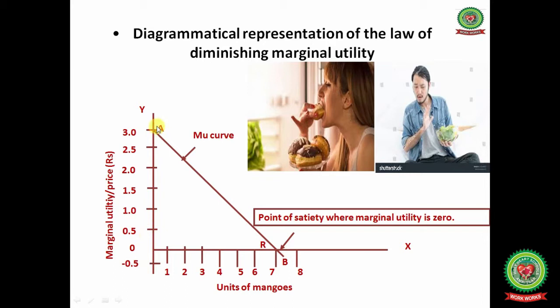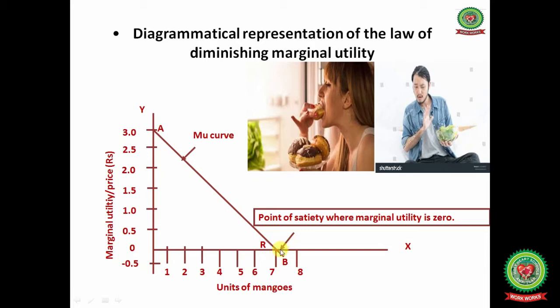For the diagrammatical representation of the law, I have measured the marginal utility or the price on the y-axis and units of mangoes on the x-axis. For the first unit of mangoes, marginal utility is 3. For the second unit, it is 2.5. For the third unit, it is equal to 2.